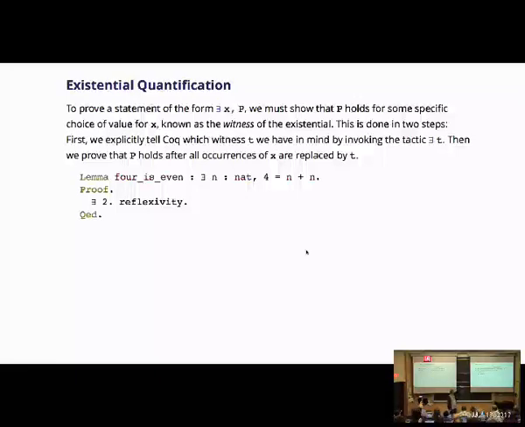In other words, to demonstrate that 4 equals n plus n for some n, what we need is 2. So the exists tactic says to Coq, the goal is an existential, and I am telling you what value you need for n in order for the body of the existential to be provable. And then, of course, the goal state is going to change to 4 equals 2 plus 2, which we can prove in ways that we've already seen.